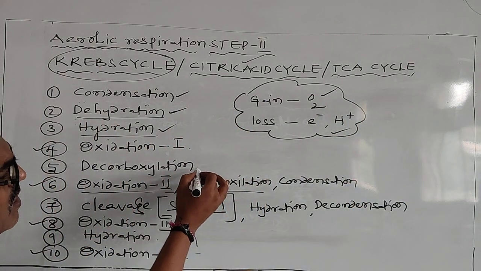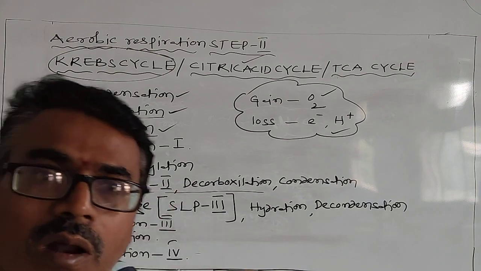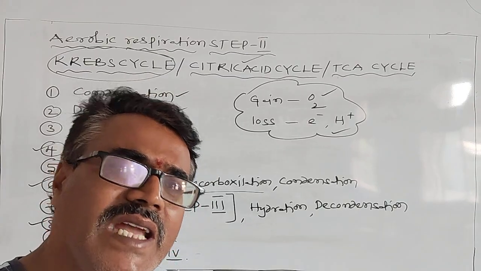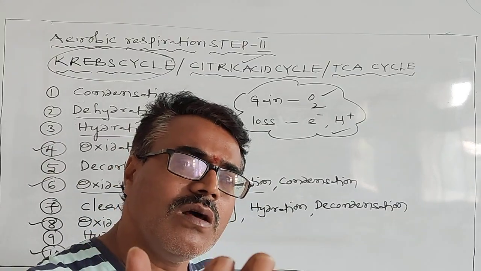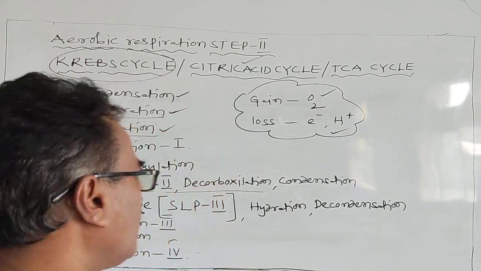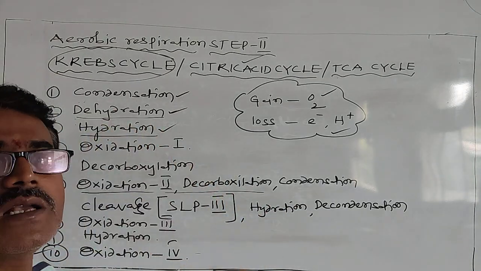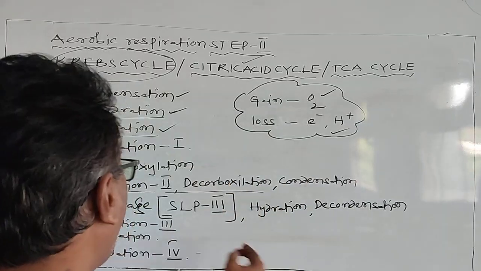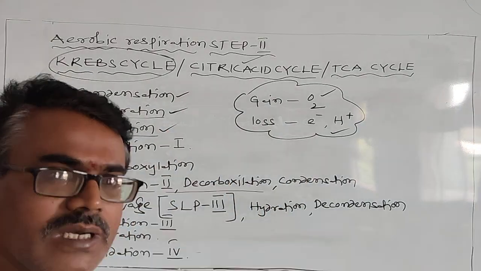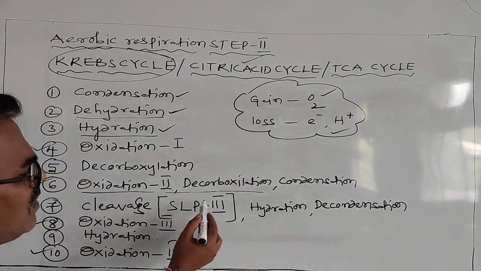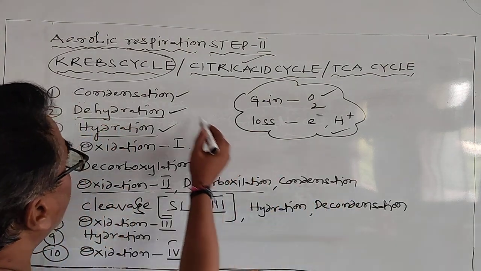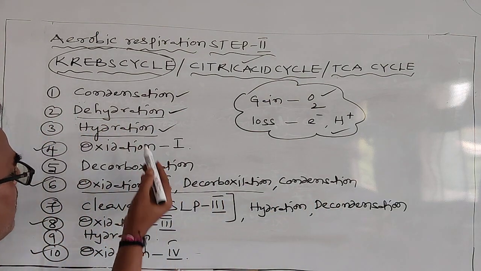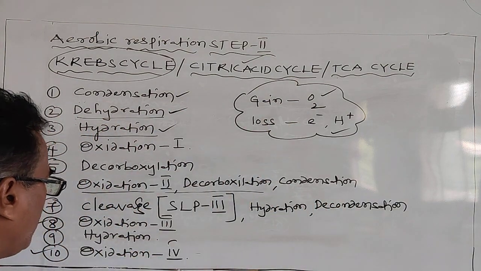Then the 5th step, that is decarboxylation. D means removal or elimination. What is removed here? Carbon dioxide. The removal of carbon dioxide is known as decarboxylation. Next, here condensation is repeated, decarboxylation repeated, oxidation also repeated.